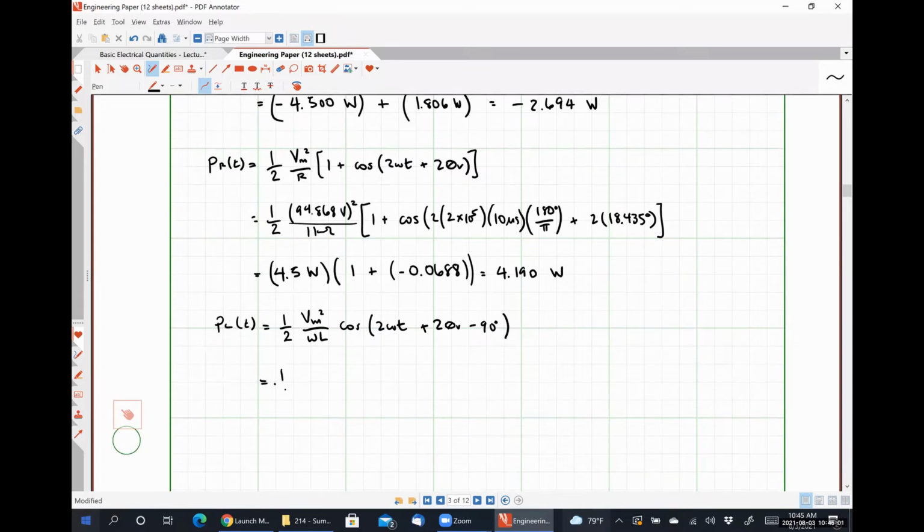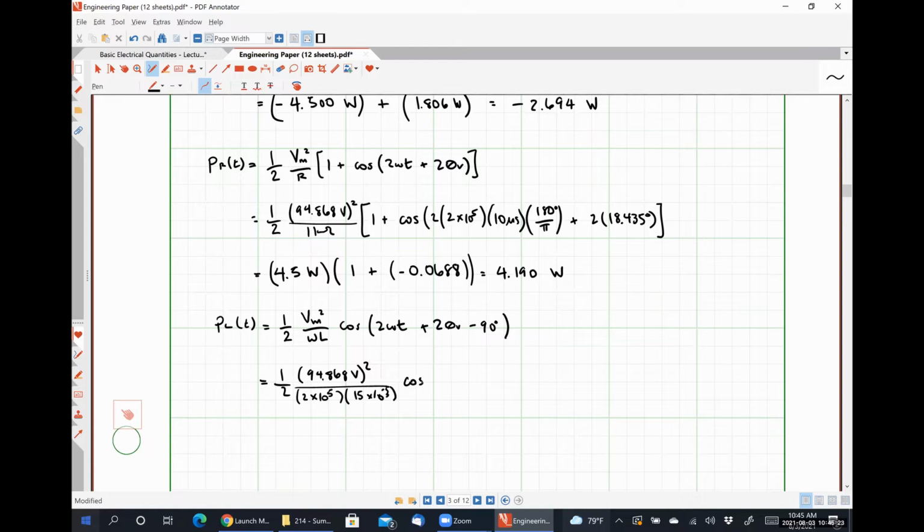And so that's going to be 1/2 94.868 volts quantity squared divided by 2 times 10 to the 5 times 15 times 10 to the minus 3.